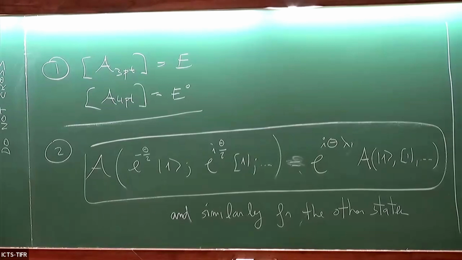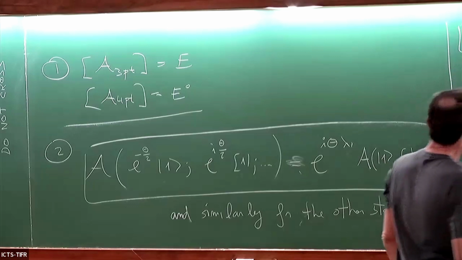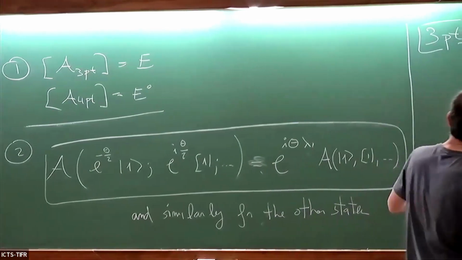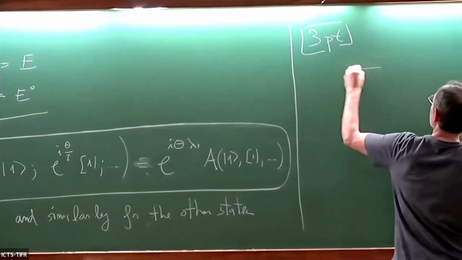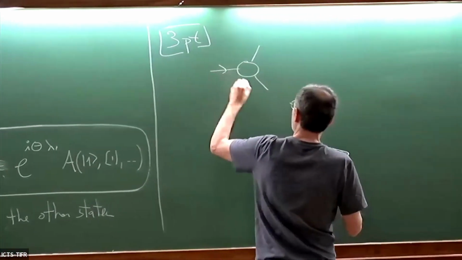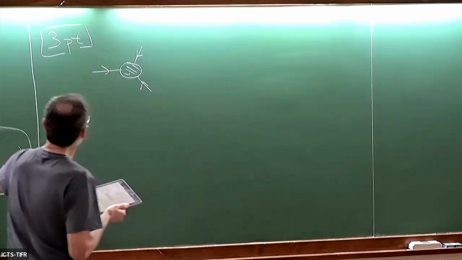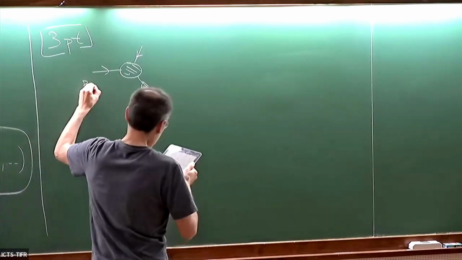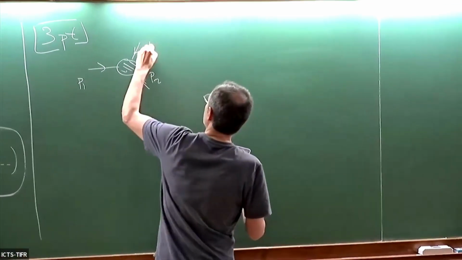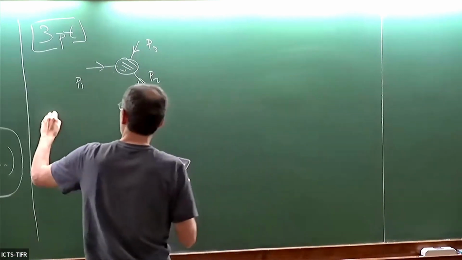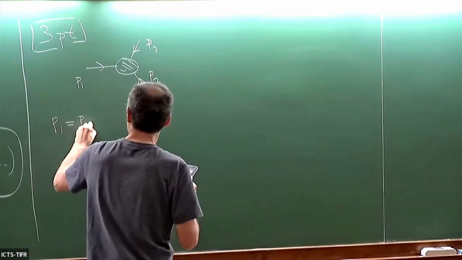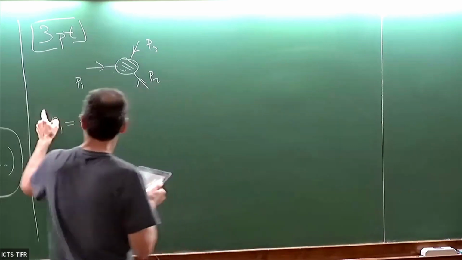Let me recall something about the 3PT from yesterday, because it was a little bit chaotic. I have it in the notes, but I forgot to say it, I think I said it in words but didn't write it. It's probably good to clarify. When you look at the 3PT, P1 is equal to P2 plus P3, and now you square this.